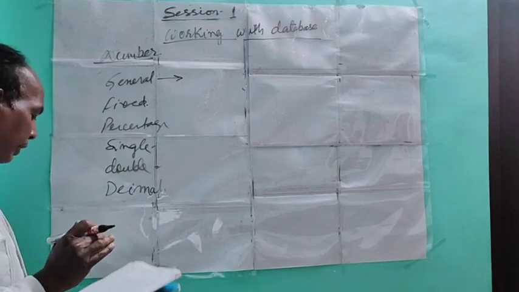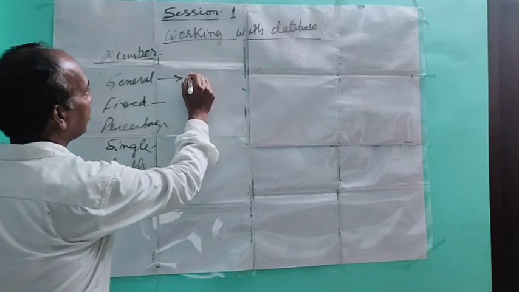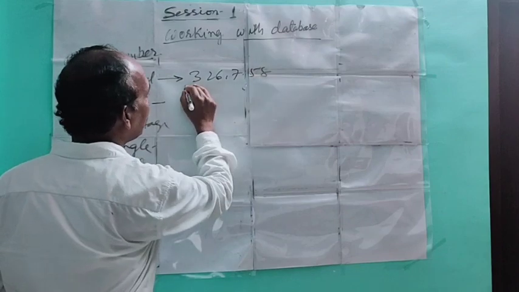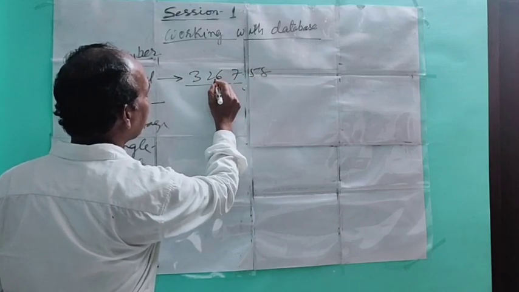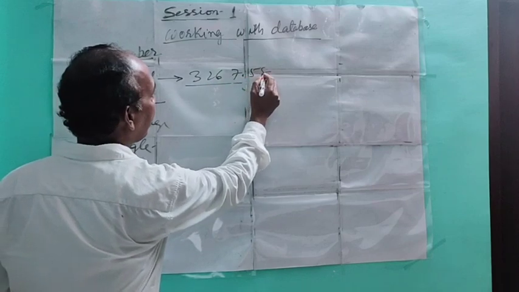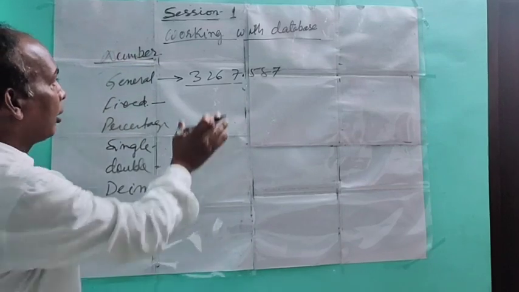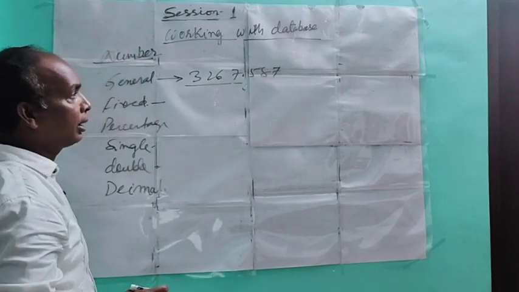Fixed, for example, 3267.587. Under general, as you write, the same appears in your database table.